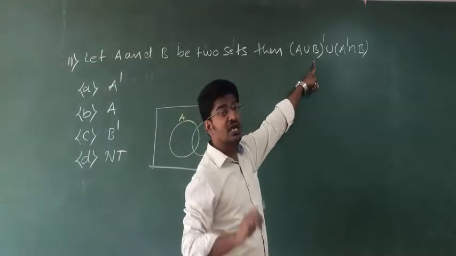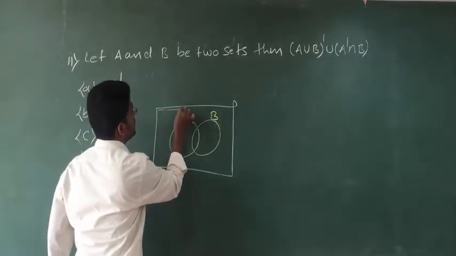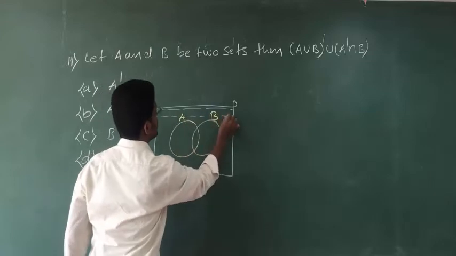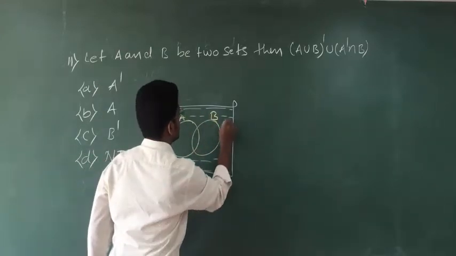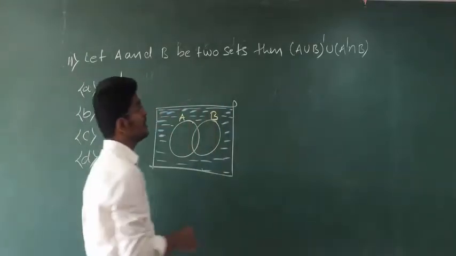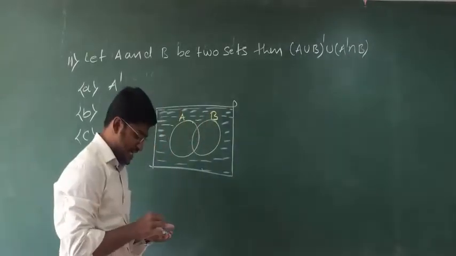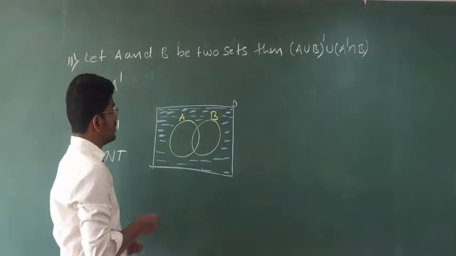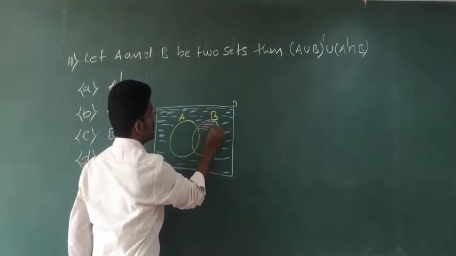A union B complement. So what is A union B complement? This is A union B complement, right? Next what you have? A complement intersection B. What is A complement intersection B? A complement intersection B is this particular thing.